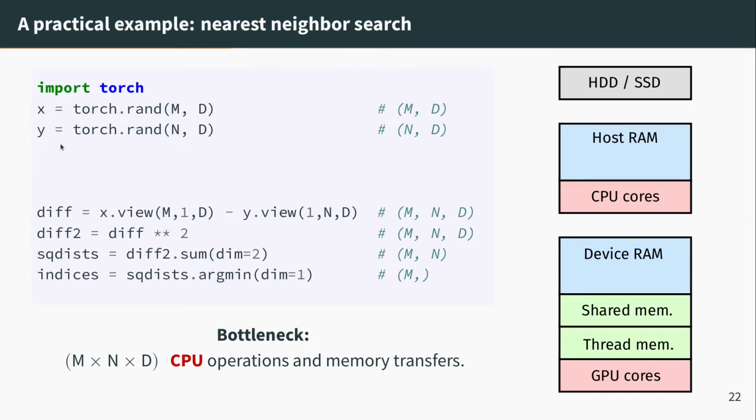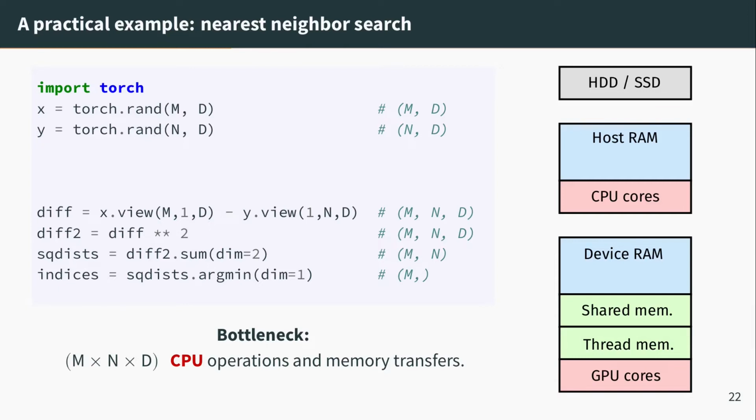So basically, you want to compute the matrix of square distances between the xi's and the yj's, and then perform an argmin reduction. So the way you would write it naively is like this. So x, random numbers, size M by D, and y, size N by D, and then you use this broadcasting syntax. I hope you're familiar with it, that allows us to express x minus y. I don't want to compute row-wise differences.